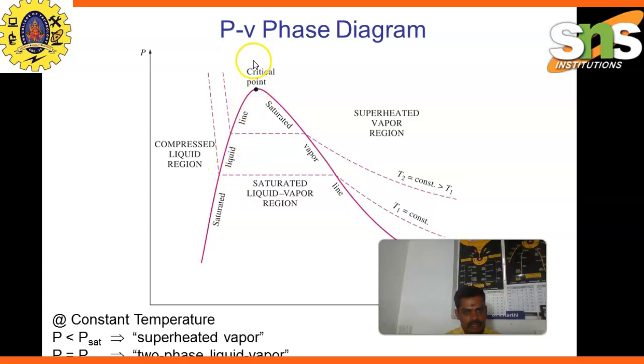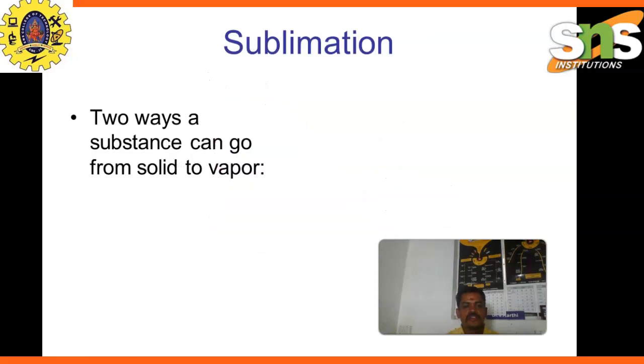Beyond the critical line, on the right side, is the superheated vapor region: superheated vapor, two-phase liquid-vapor, compressed liquid.